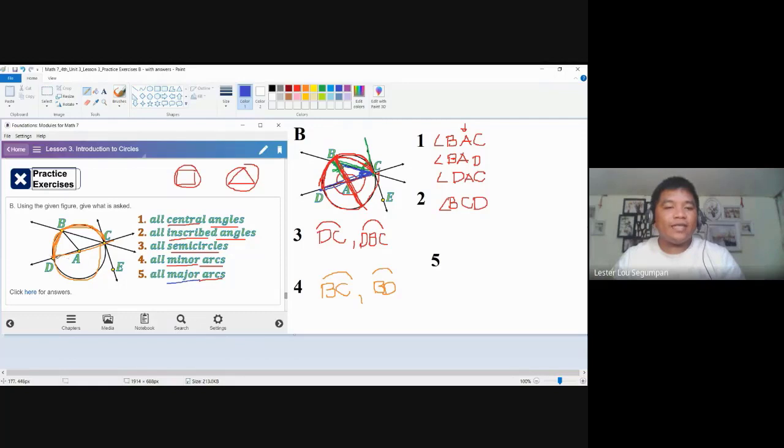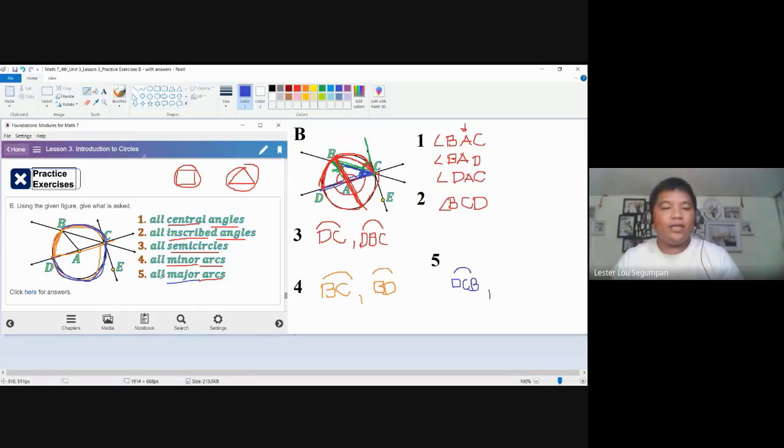So if we have a semicircle DC, we could actually go towards B. And that is actually the major arc here. So major arc DBC, or BCD. That's the major arc. Okay.